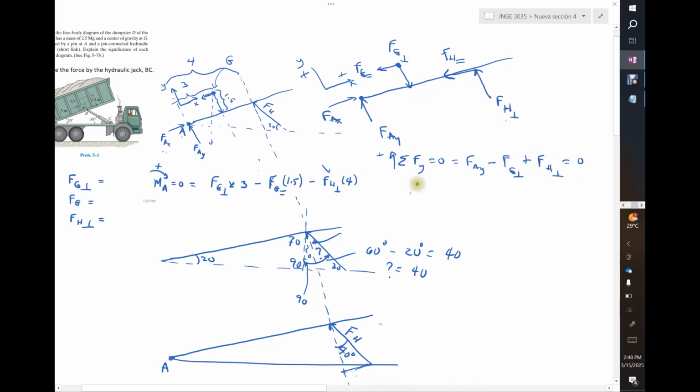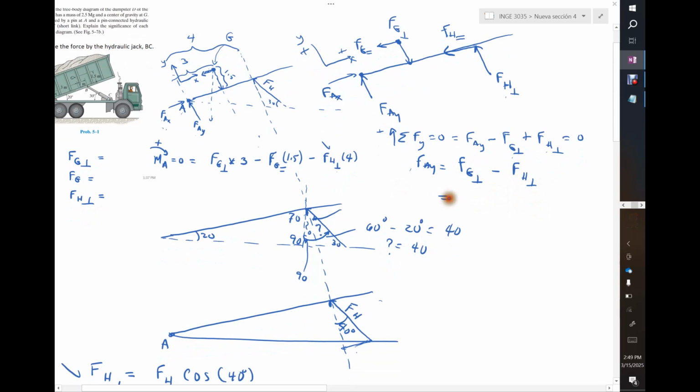So FAy equals FG perpendicular. Let me get the sign better. So I'm moving this back and this as well. So you get FG perpendicular minus FH perpendicular, and that will do.